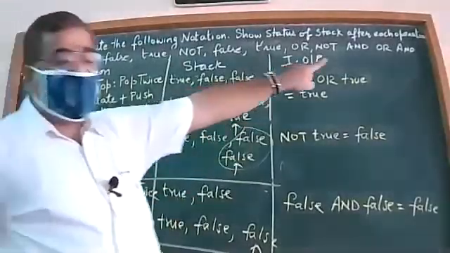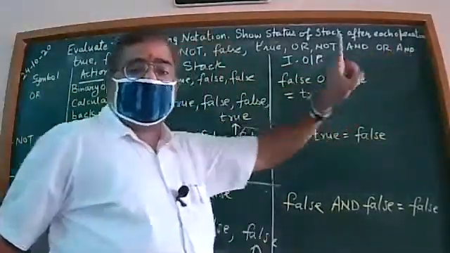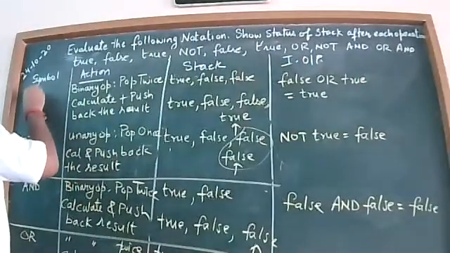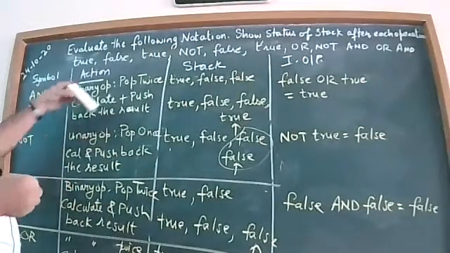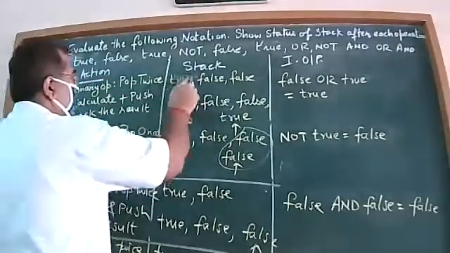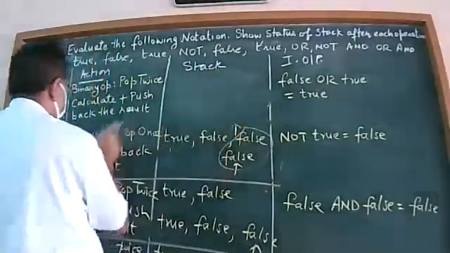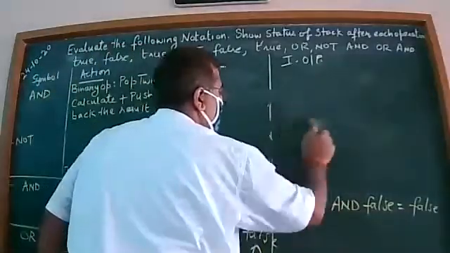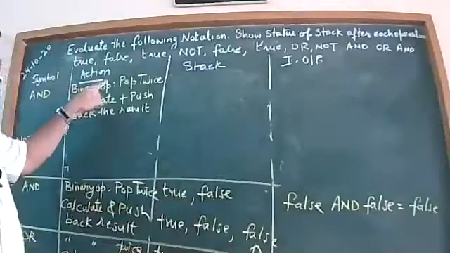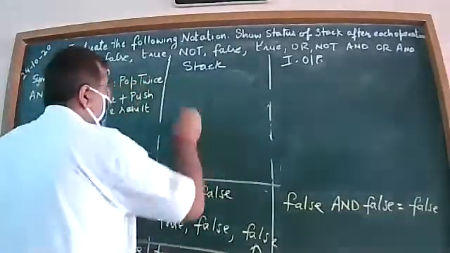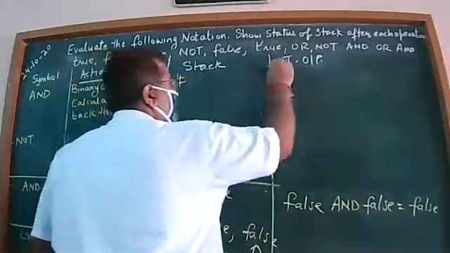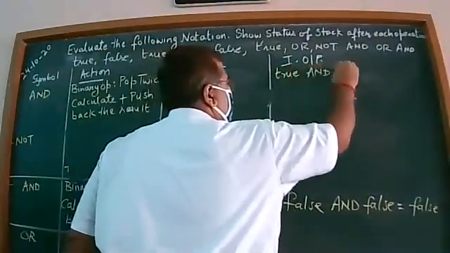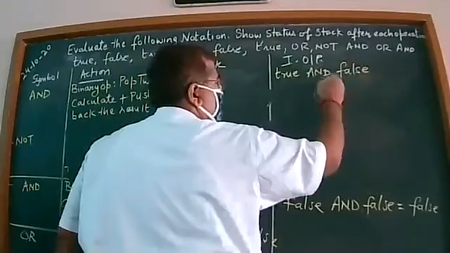Last step. In the last step, I have and. The last operator I have is and. Binary operator, pop twice. So stack is empty. True and false.